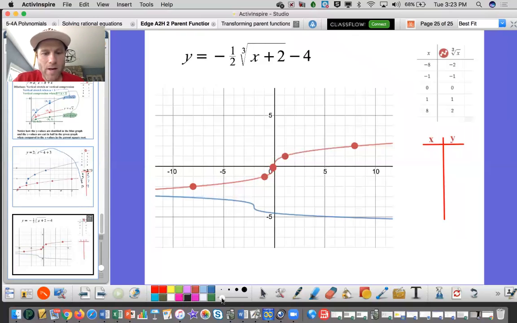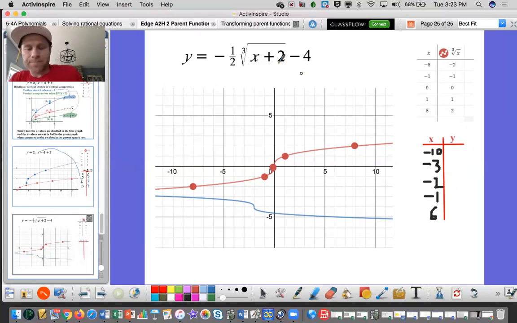So take 2 away from -8 would make this -10. Take 2 away from that would make this -3. Take 2 away from that. Take 2 away from that. And take 2 away from that.